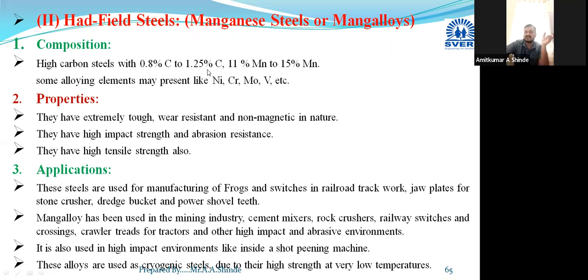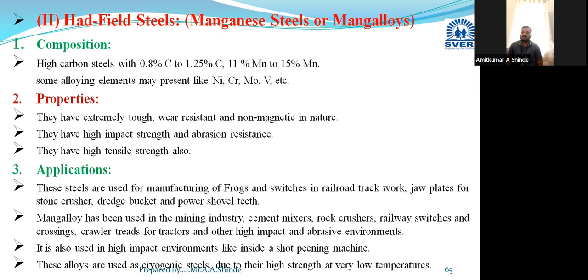For this steel, Hadfield steel or manganese steel, it is high carbon steel with 0.8 to 1.25% carbon, 11 to 15% manganese, and some other alloying elements like chromium, nickel, molybdenum, vanadium, tungsten may be present. So this is the composition.